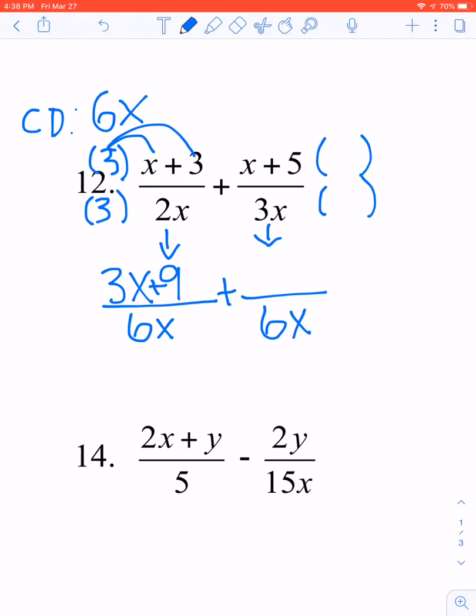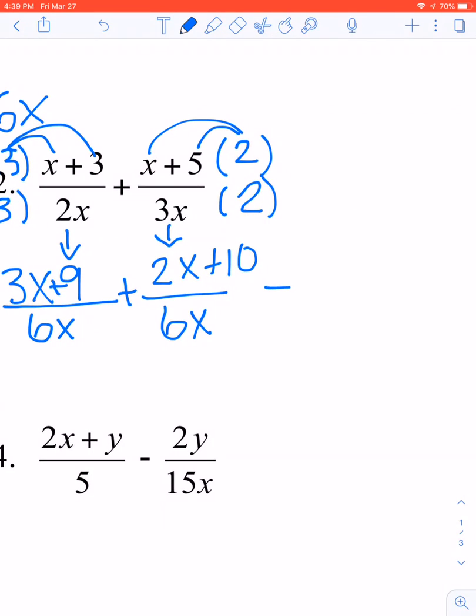Then on the right side, 3x times something equals 6x. That's going to be 2, right? Actually, I'm going to erase that arrow so no one's confused. So 3x times 2 will get you 6x, so we need to multiply 2 on the top as well. Remember to multiply it through, so we should get 2x plus 10.